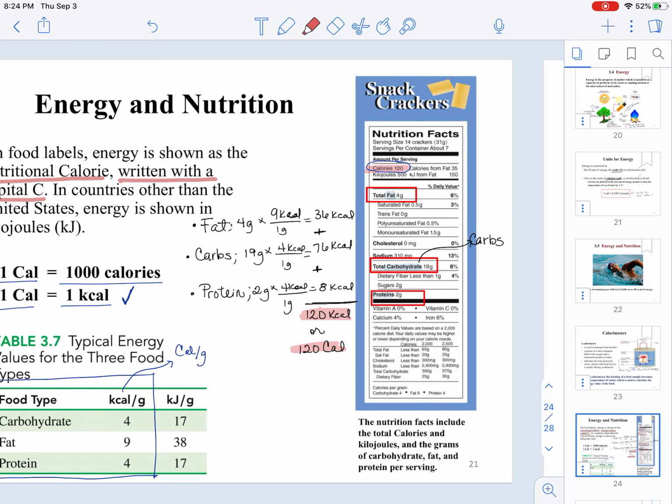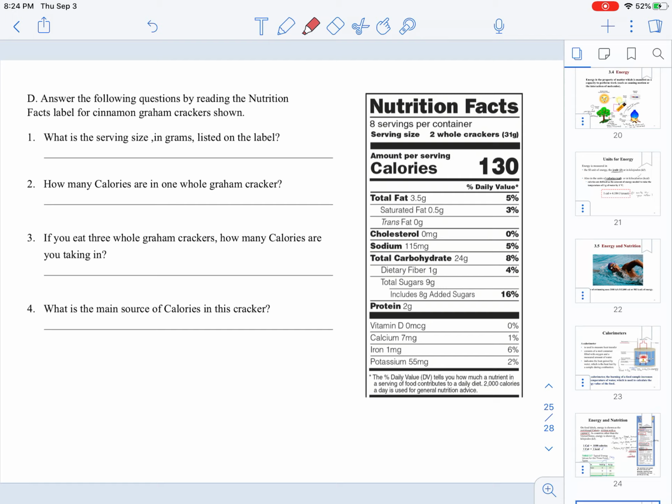Now, let's look at the example that I have in the worksheet in part D. This is an actual nutrition facts label for graham crackers, specifically for 2 graham crackers. Let's do the same calculation to determine if indeed we get 130. So we make our list. This serving of 2 whole graham crackers, in terms of fat, carbs, and protein, has the following.